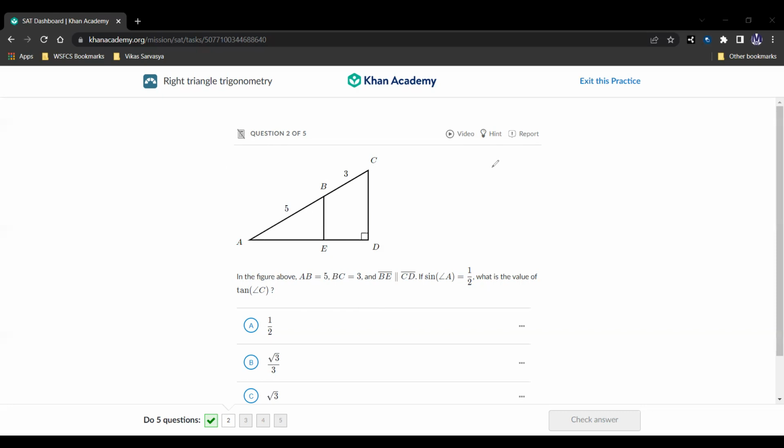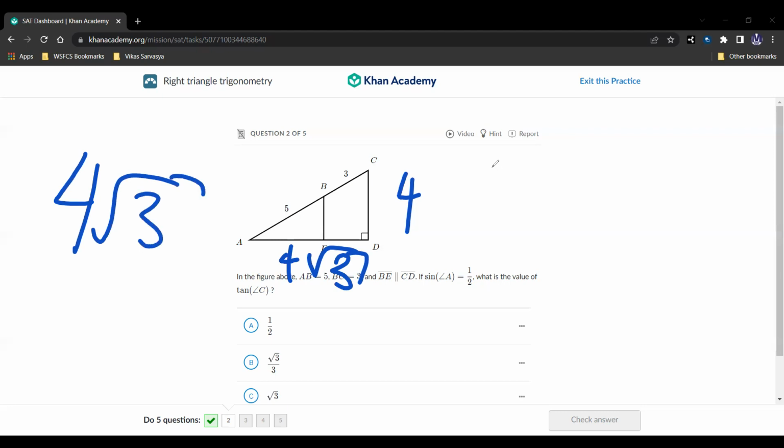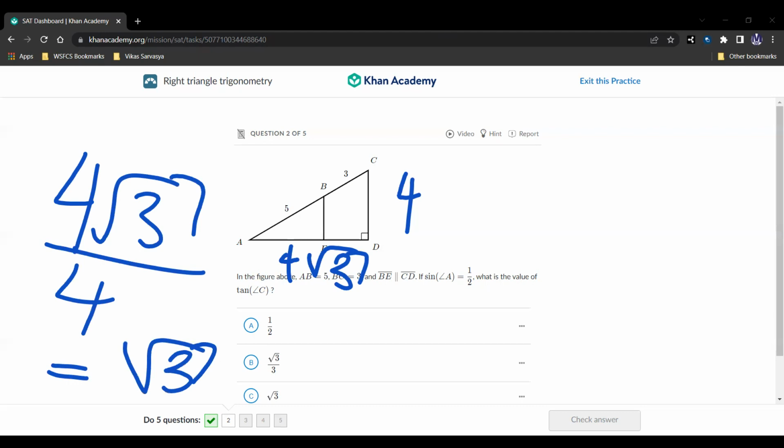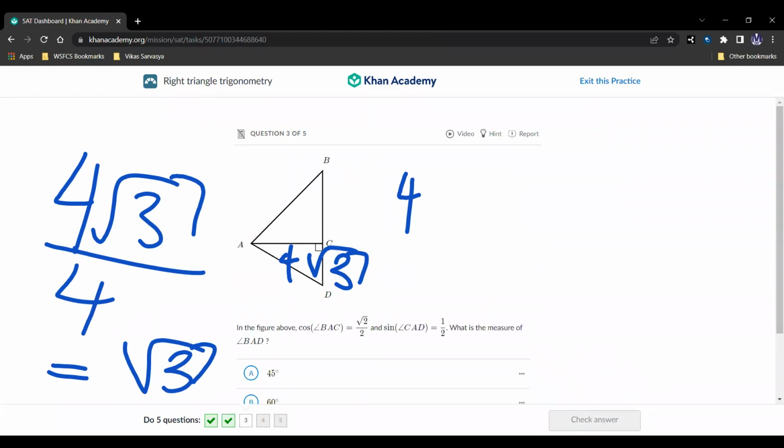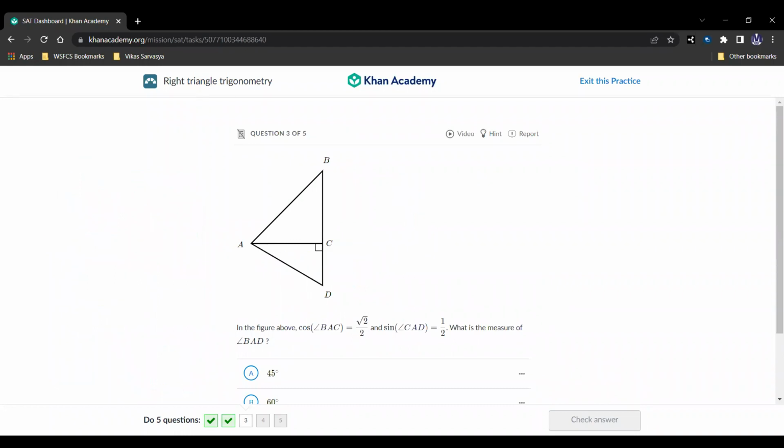So if we're taking this whole triangle, we have CD is 4, AD is 4 root 3. So tangent of C is 4 root 3 over 4, which is just going to be the square root of 3, which is answer choice C. And we can move on to the next question.